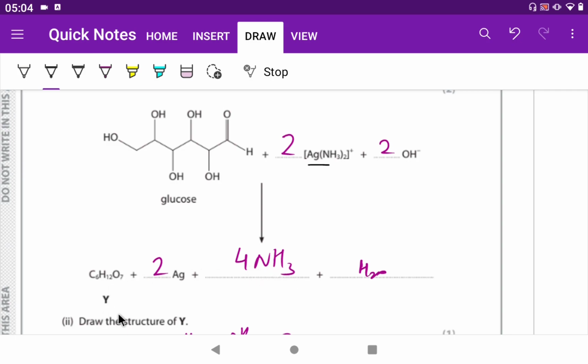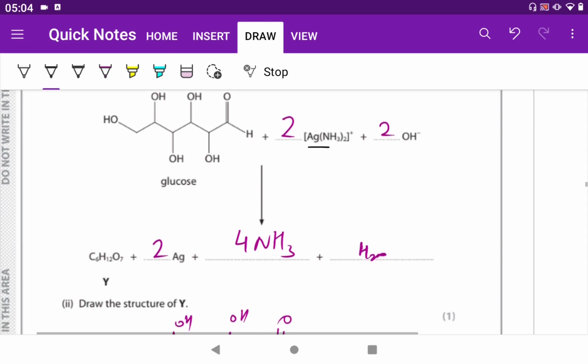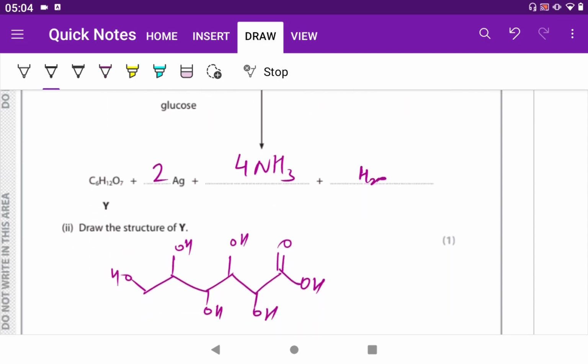Now we have to draw the structure of this molecule. We can draw the structure of the molecule with 6 carbons: 1, 2, 3, 4, 5, 6 carbons. Now we have to attach 7 O: 1 OH, 2 OH, 3 OH, 4 OH, 5 OH, 6 O, 7 O. Now we have to add 12 Hs.